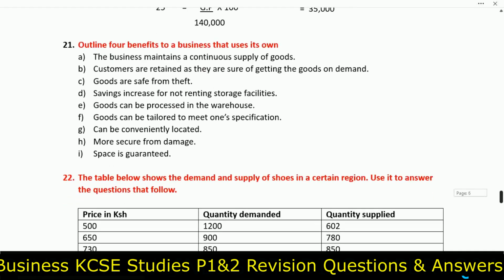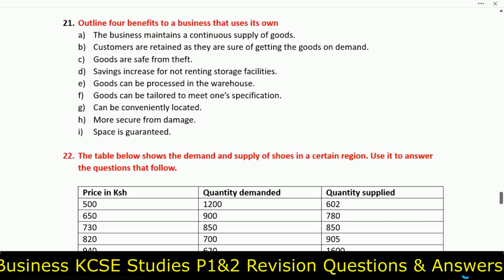That one is straightforward. Question number 21, you're told outline 4 benefits to a business that uses its own warehouse. Number 1, the business maintains a continuous supply of goods.